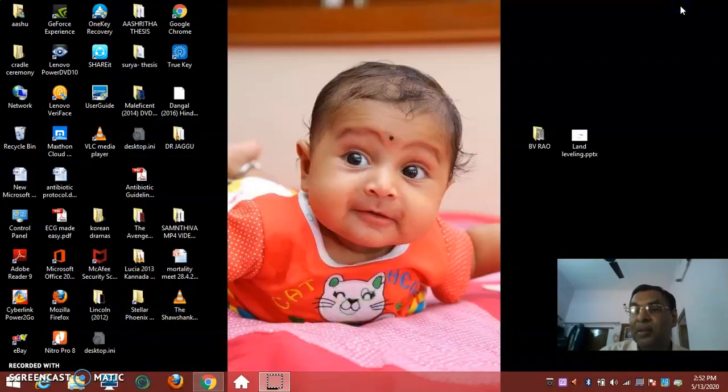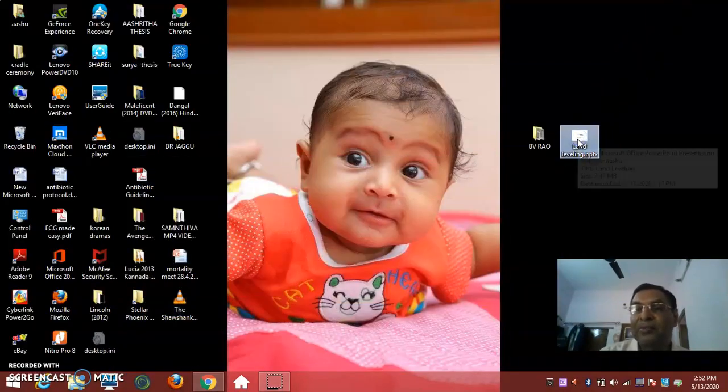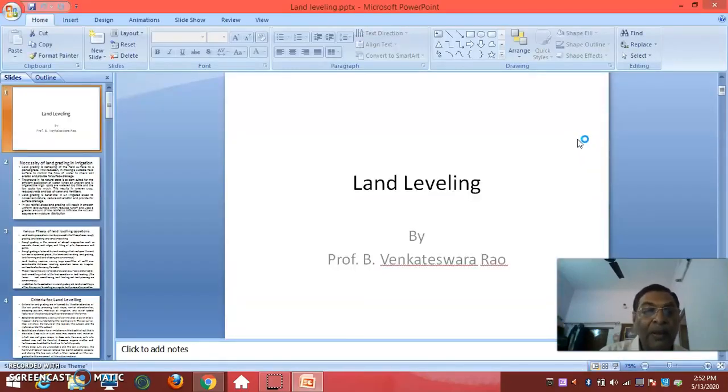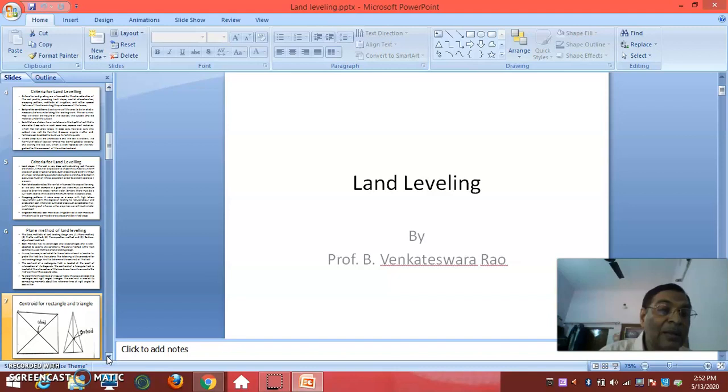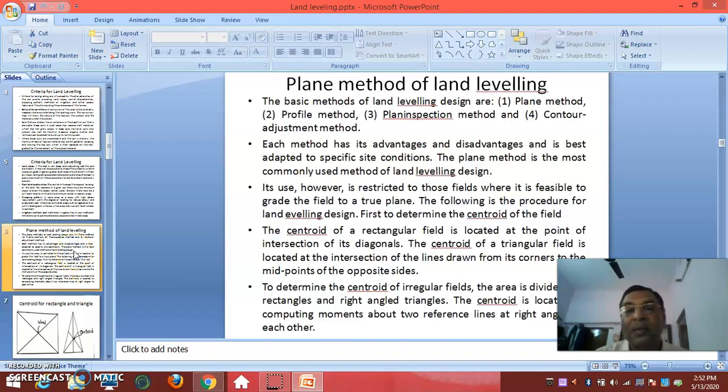Now, I am covering only the plane method. There are several methods, of course. We have already covered these slides earlier, up to the criteria for land leveling. Now, the plane method of land leveling.